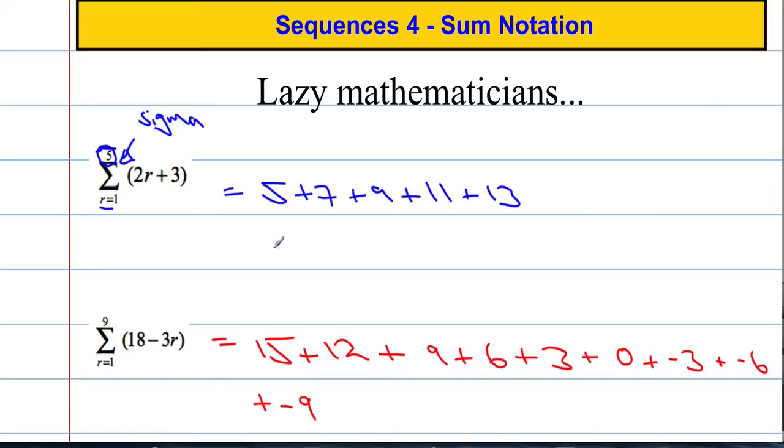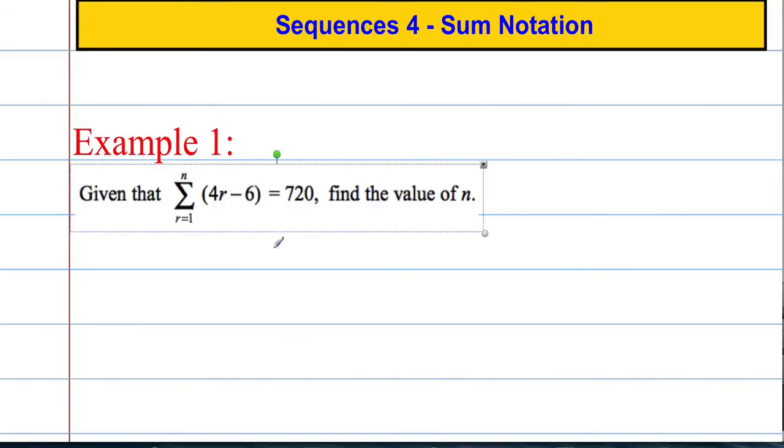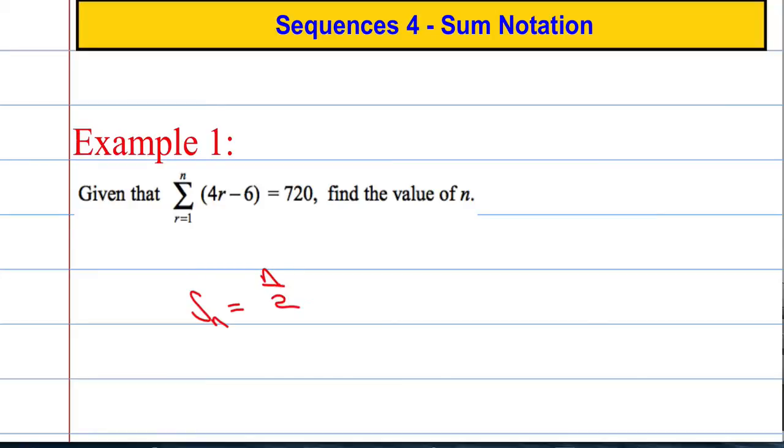Okay, so let's have a look at this. It tells me that the sum from 1 to some value n of this is equal to 720, and we're asked to find the value of n. Now remember, the sum S_n can be found in 2 ways. We can do n over 2. In fact, from now on, I'm not going to write n over 2 because I don't particularly like that way to write it.